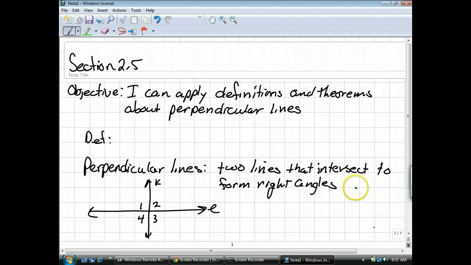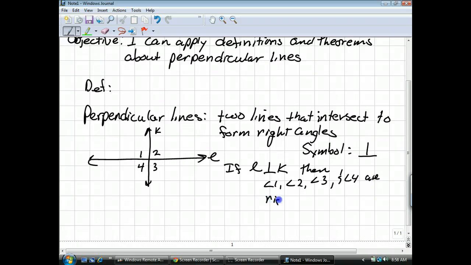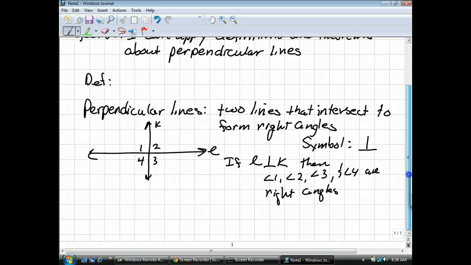And the symbol we use for perpendicular looks kind of like an upside down T. So if line L is perpendicular to line K, then by the definition we know that angle 1, angle 2, angle 3, and angle 4 are right angles.